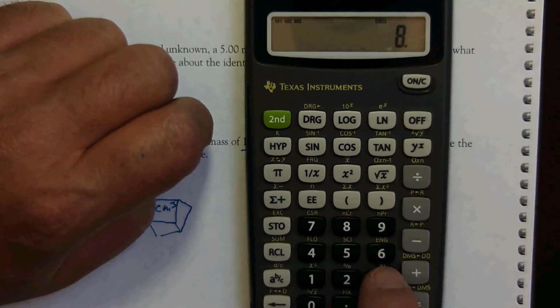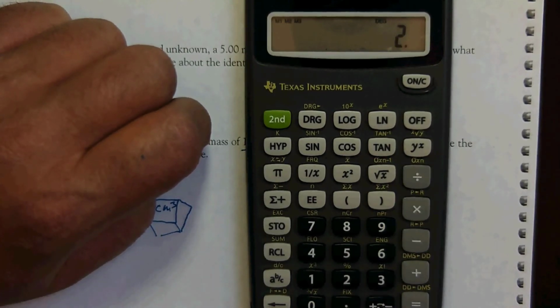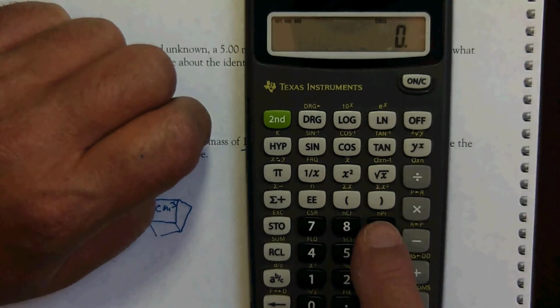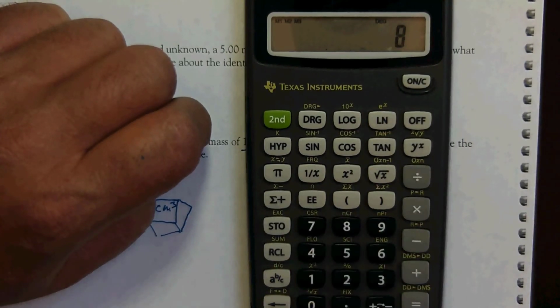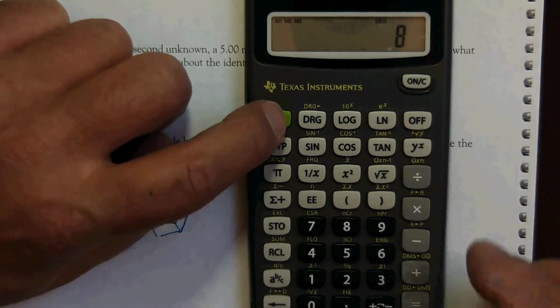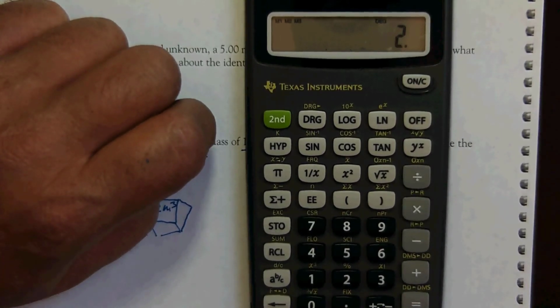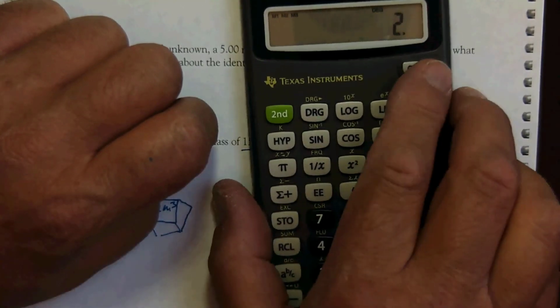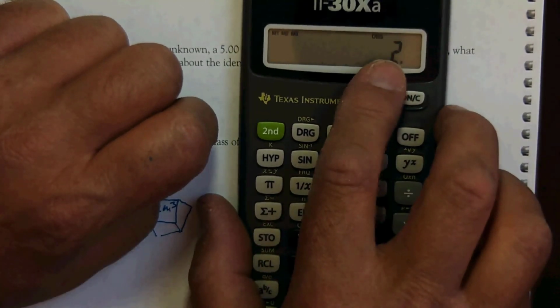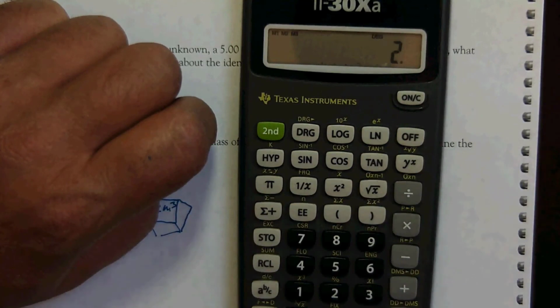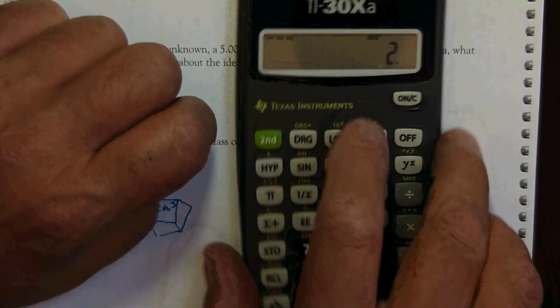Now I want to take the cube root, so I push a 3. It gives me the cube root of 8. So again, on this one I would put in the number I want to take the cube root of, I access that weird radical feature, I say take the third root of it, and it gives me the right answer. So I know that's the way to do a cube root on this calculator. If I hadn't gotten 2, I would play around with things until I get the right answer, and then I know I'm doing it right.